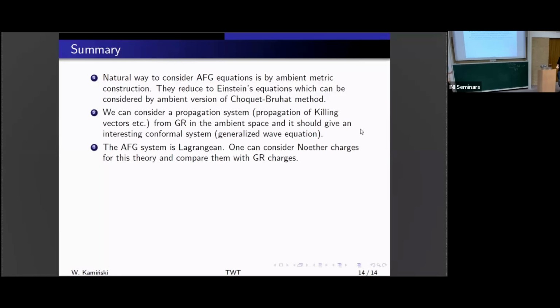Yes, yes. Einstein gravity from conformal gravity.